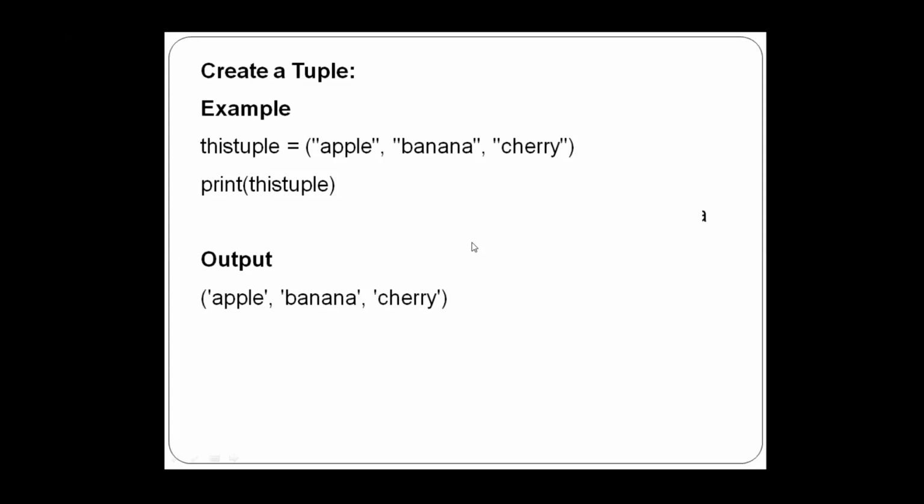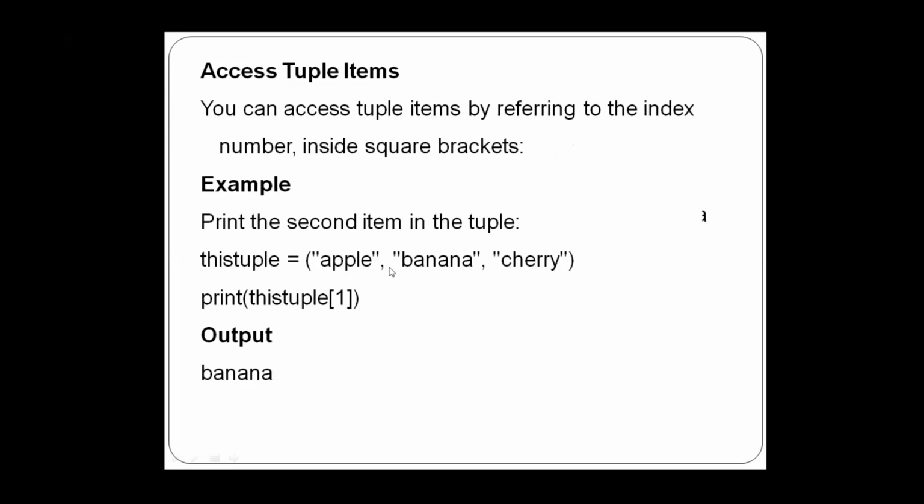So remember this. When I display this tuple, the tuple will be shown as your output. Since a tuple is also an ordered collection, it can be accessed using index numbers. You can use index numbers to access the elements of your tuple.